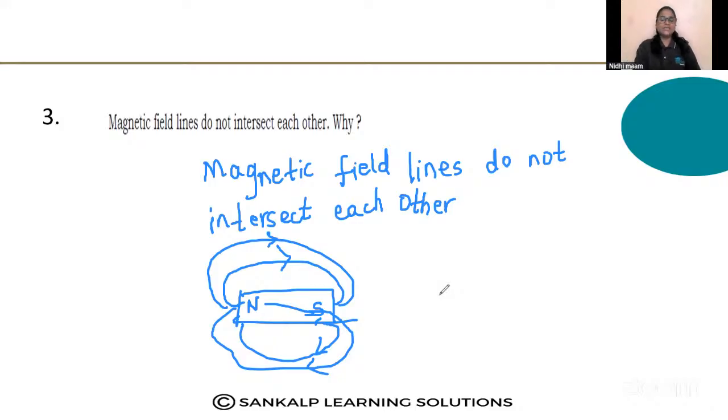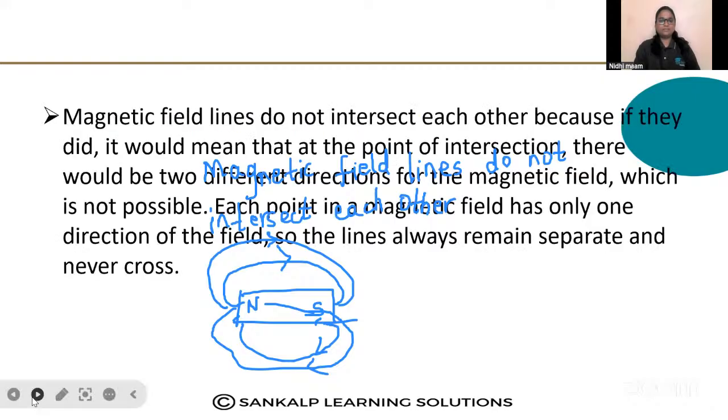Exactly right. So here, what do we say about magnetic field lines? Magnetic field lines do not intersect each other. Why?